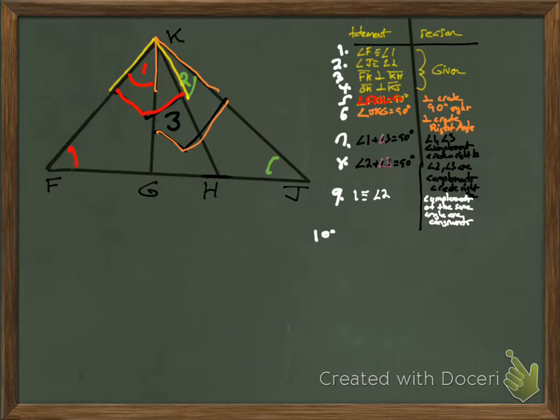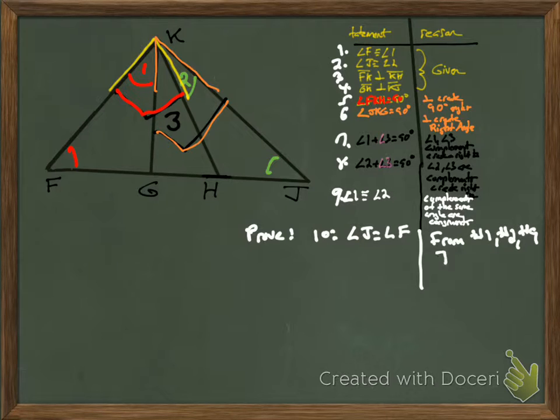Now, on my 10th statement, I'm going to be able to say that angle J is congruent to angle F. And that's what I was supposed to prove. Now, how can I say that? I'm going to say from number 1, number 2, and number 9, we have what's called the transitive property.